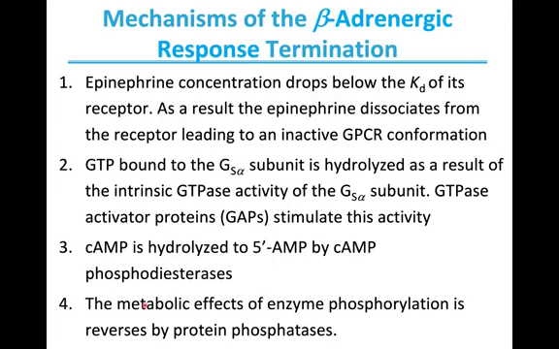To give you an example, when cAMP activates PKA, PKA phosphorylates many proteins. Because of this phosphorylation, further signaling cascades are initiated. Now, to stop those further signaling cascades, protein phosphatases remove the phosphate groups from the proteins that were originally phosphorylated by PKA. So this is the fourth mechanism by which the beta adrenergic response is terminated.